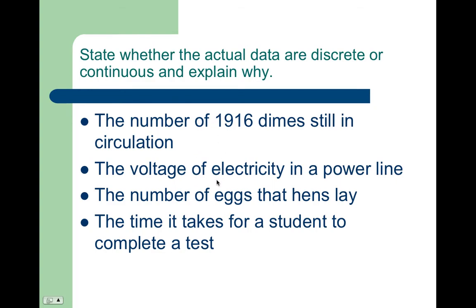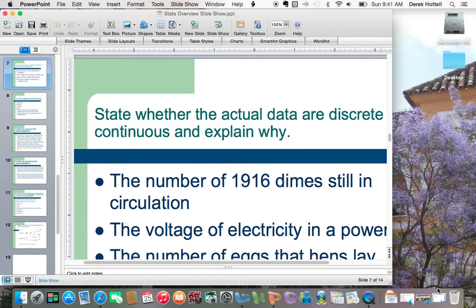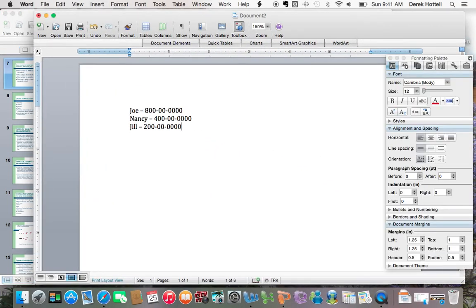A good example would be if you have a survey, and on that survey you ask the same question: how many hours a week do you spend studying? So we ask our students that question. If we leave it fill in the blank, and a student can respond with whatever he or she wants to respond, well, in that way it would be continuous data, right?